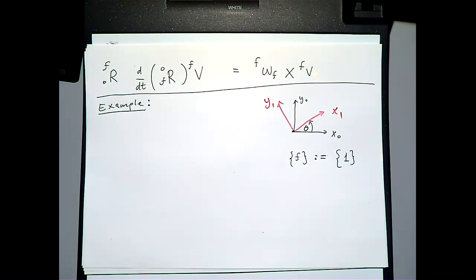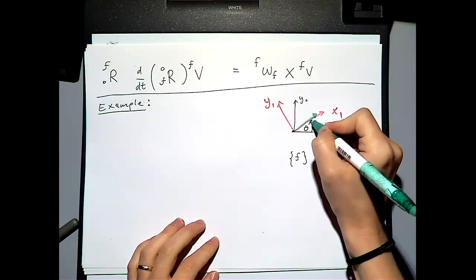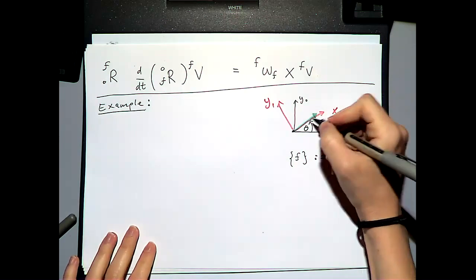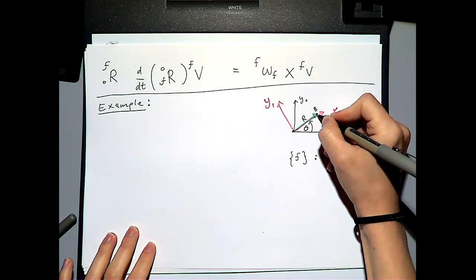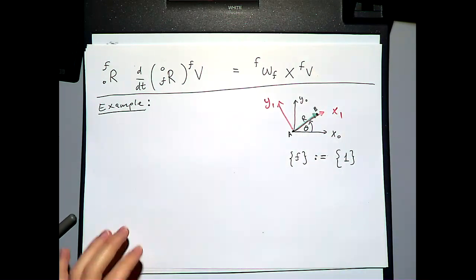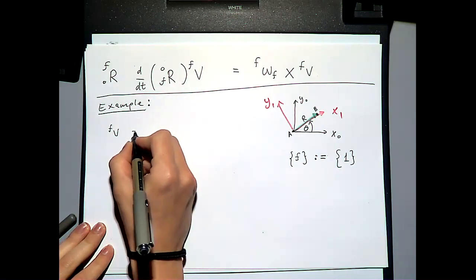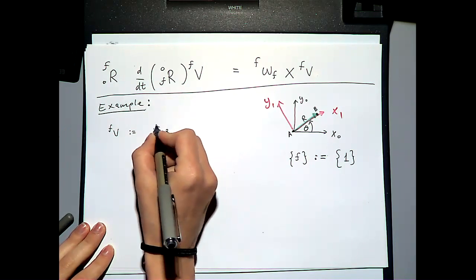Okay, now we have the vector RAB, which is lying in the direction of x1, and its length is r. So this is point B, and this is point A. Okay, so vF, in our case, is the vector RAB.